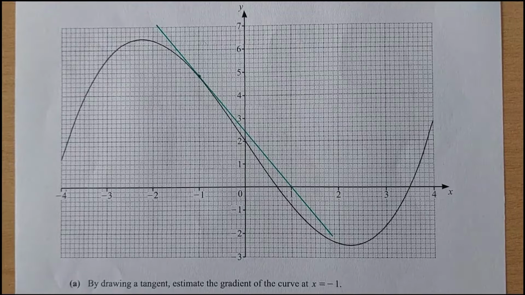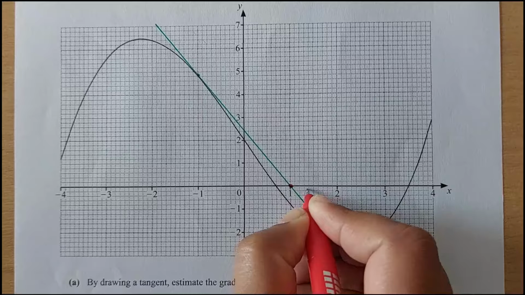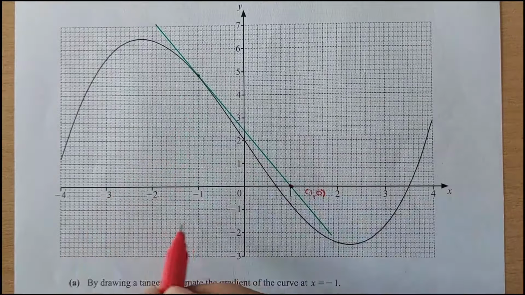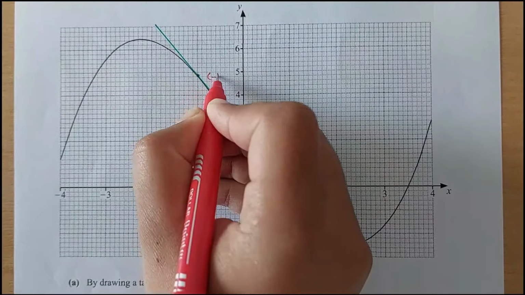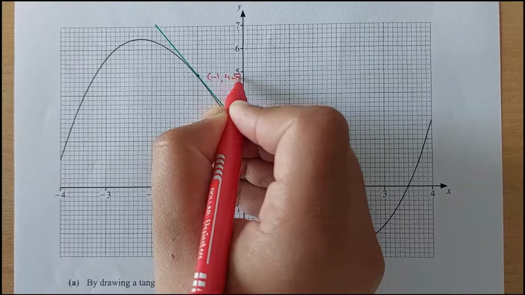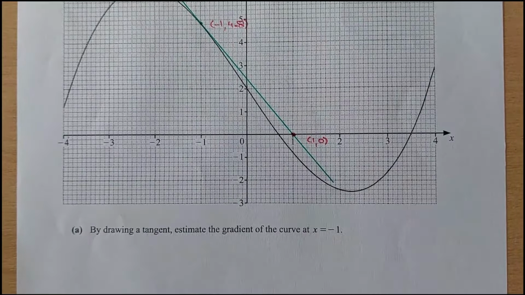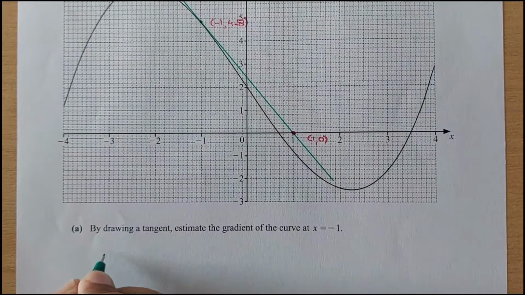For this we need 2 points. So this is going to be the first point, 1, 0, right? And the second point is here, that is minus 1, and this is 4.8. Yes, minus 1, 4.8. Right, now we have 2 points, so we can easily find the gradient by using the formula for slope, that is y2 minus y1 over x2 minus x1.